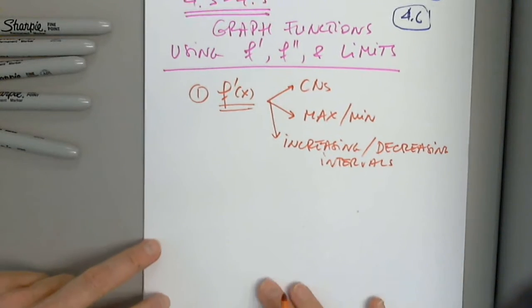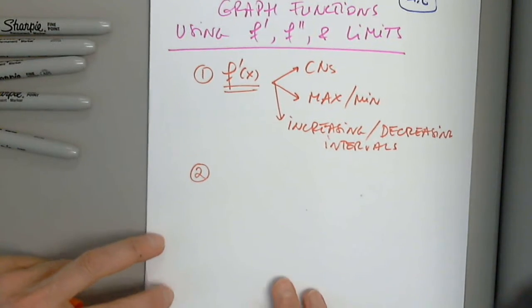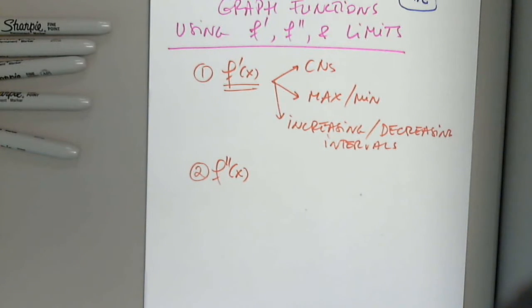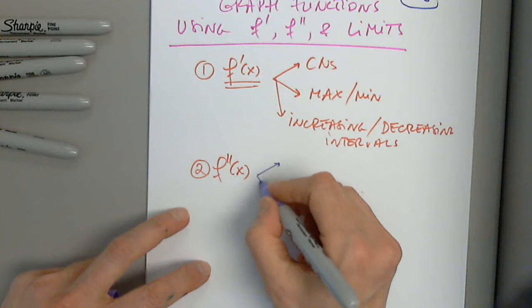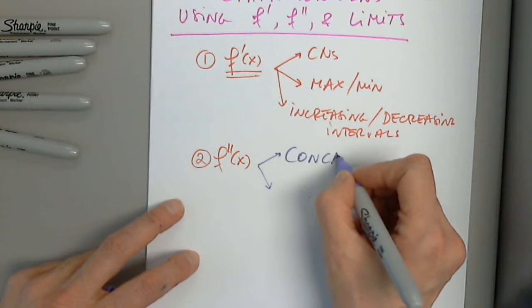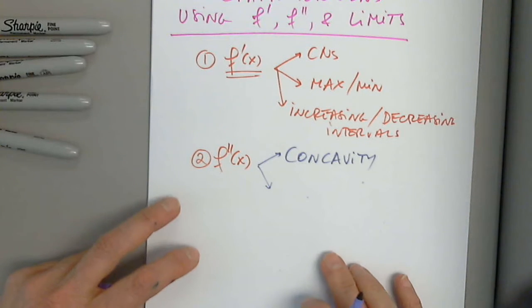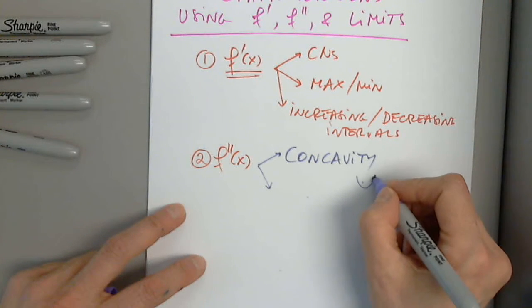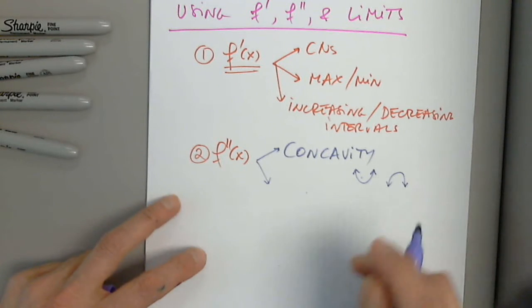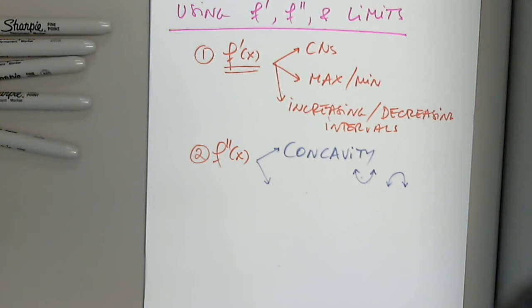Number two, what do we learn from the second derivative? We haven't gotten there, but I'm just going to give you a preview. From the second derivative, we will learn two things. Concavity, meaning if the function opens upward or downward. This is what we are going to learn from the second derivative.